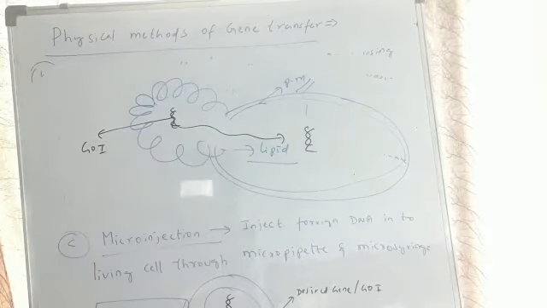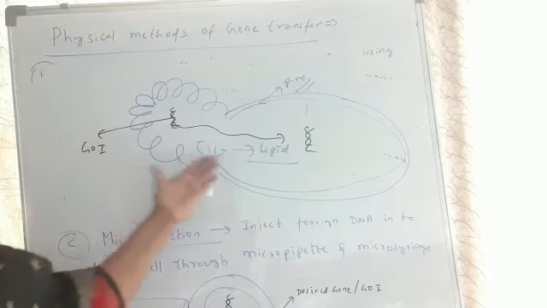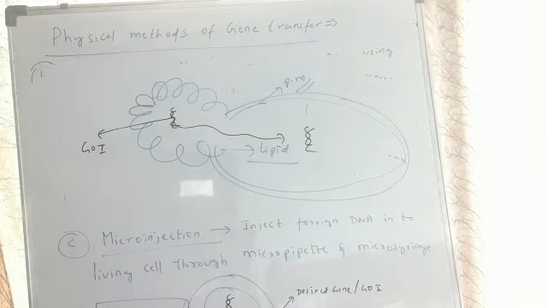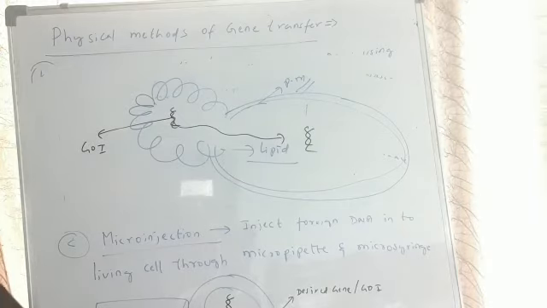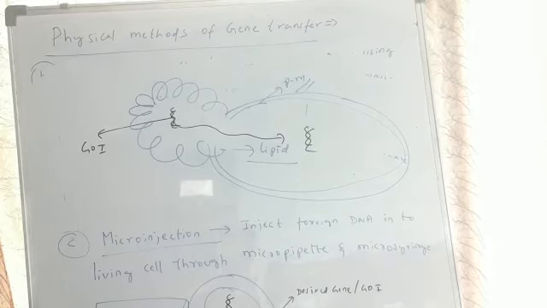So liposomes are again a very important method for transferring the gene of interest into target cells. Along with this, we have one more technique, which is calcium treatment. This calcium treatment is especially used for the uptake of the gene of interest or the recombinant DNA by the bacterial cell, which we will learn in the next class.